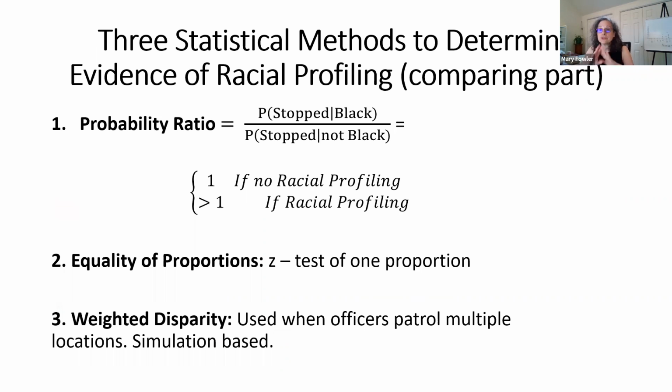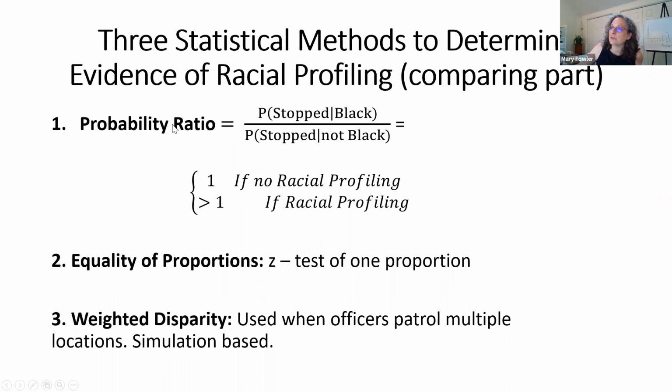And I just wanted to close by summarizing. We do have to estimate the two populations: the racial distribution of observed individuals, and the racial distribution of individuals subjected to a police action, and then compare them. So in terms of comparing, I wanted to review the three types of comparisons that I've been using.